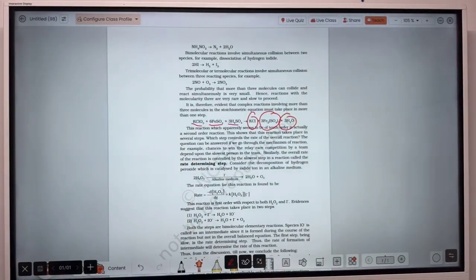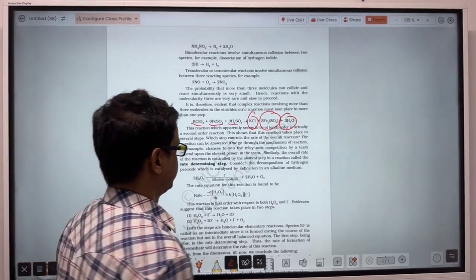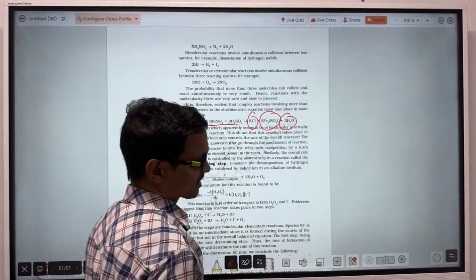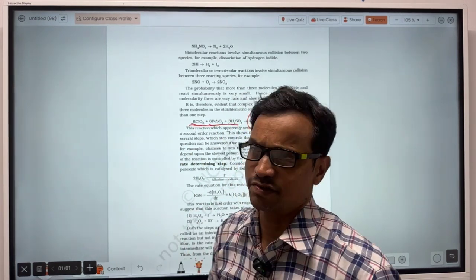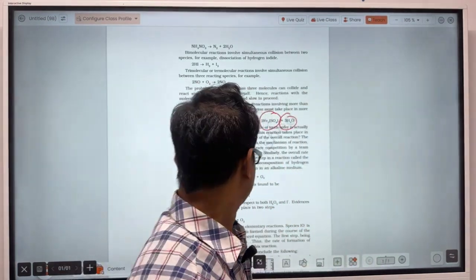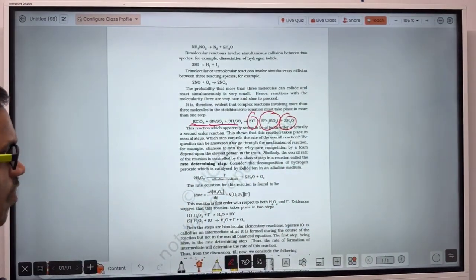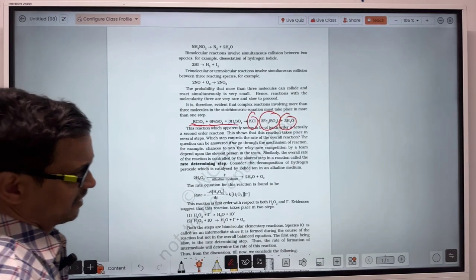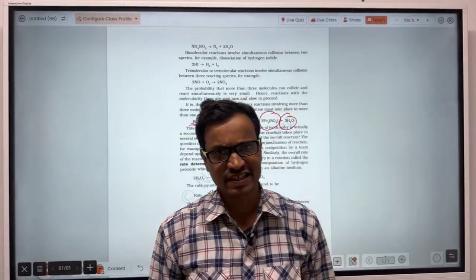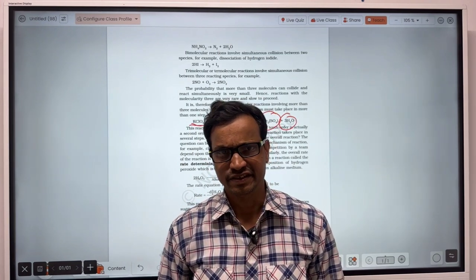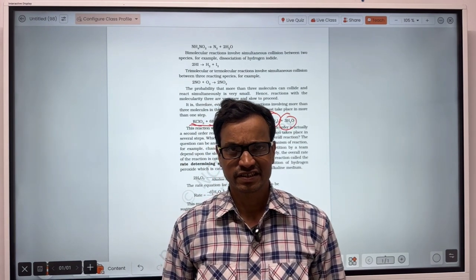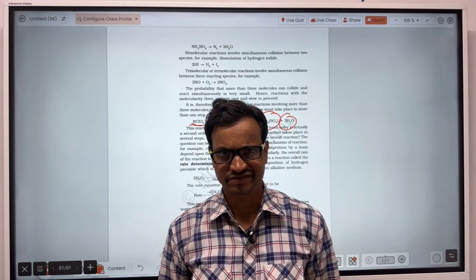This reaction is a complex reaction. It's a balanced chemical equation, but it is not an elementary reaction. Usually, the molecularity of reaction is not greater than 3. Molecularity greater than 3 is rare.